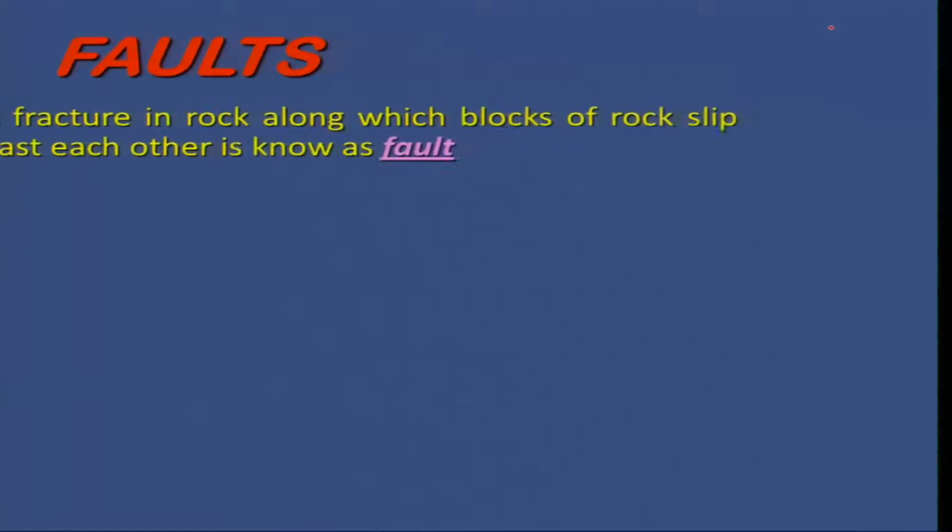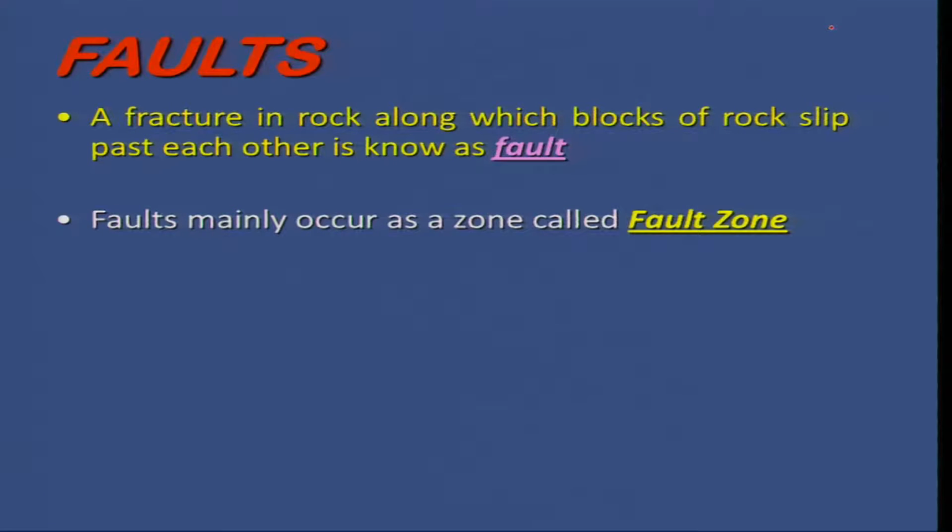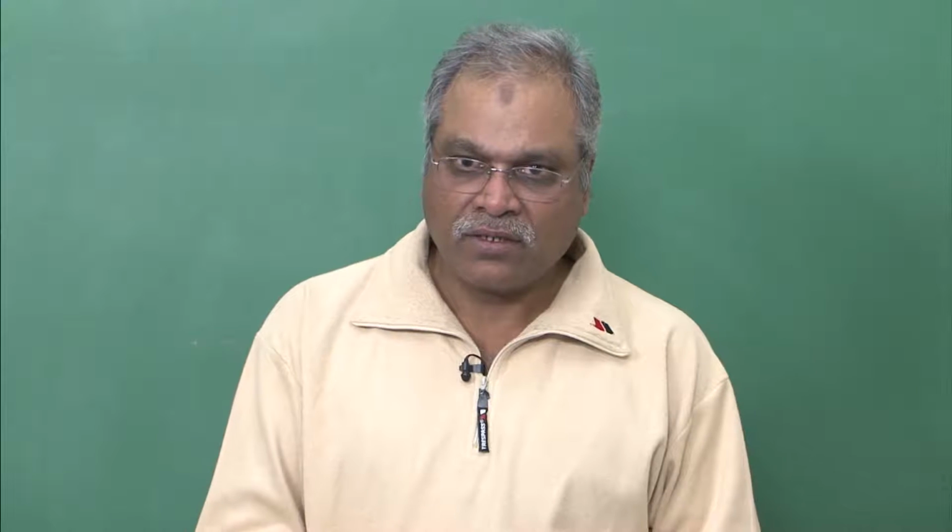So, faults, if you look at what we usually define: a fracture in rock along which blocks of rock slip past each other is termed a fault. Of course, the question may be asked that there are many such fractures which will show displacement. Should we call those faults?